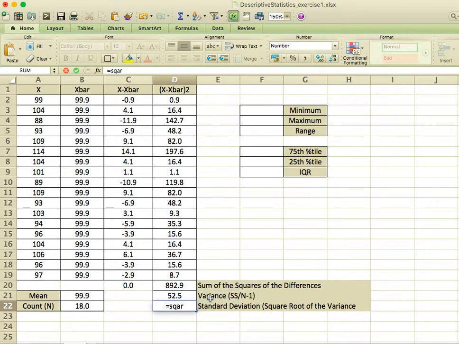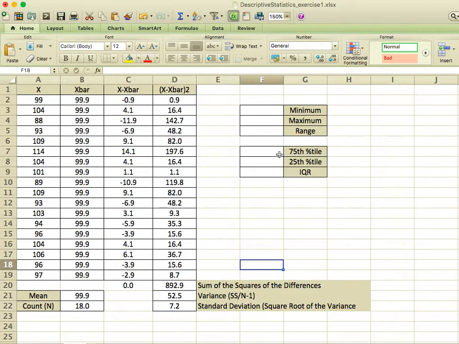Okay, whoops, I misspelled it. You could tell it was wrong because I didn't get my little hint down at the bottom there. Right, square root just wants a number. Square root of this number happens to be 7.2. That value, 7.2, is a special number that's referred to as the standard deviation. That's going to be important to us as we move forward during the semester.